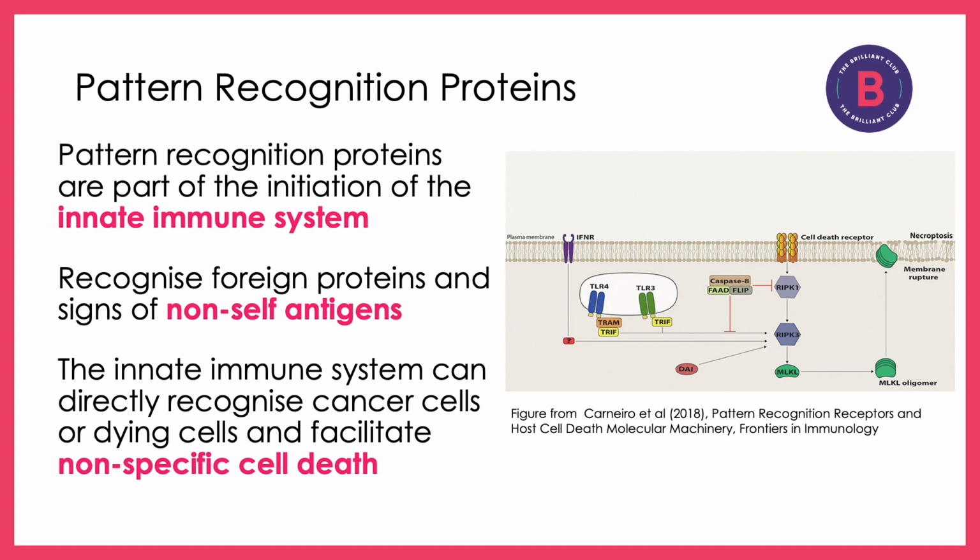For the study we're discussing today, we're focusing on a part of the innate immune system known as pattern recognition proteins. Pattern recognition proteins sit on membranes, either on the outside of cells or on the outside of nuclei. These essentially sit on the fatty membranes and act as a cross between the outside and the inside of cells. The job of the pattern recognition proteins is to act as the initiator of processes inside the cell by detecting proteins outside of them.